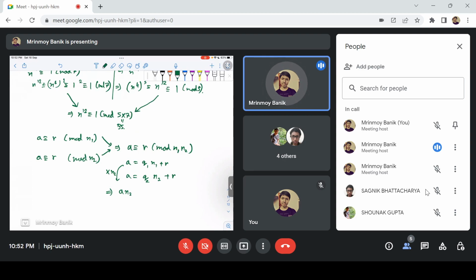Here we have an additional thing, that is, the GCD of N1 and N2 is 1. That's important. So we need to write A equals Q3 times N1 N2 plus R.